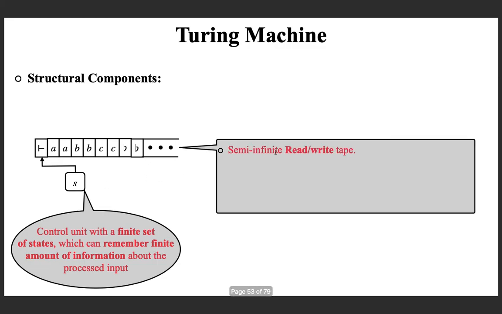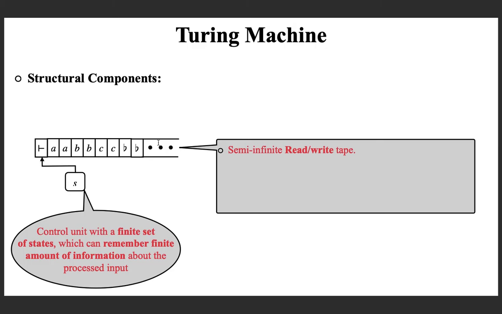And now you have a semi-infinite read write tape. Semi-infinite means it is infinite in the right direction. So the Turing machine is empowered to utilize infinitely many cells on the tape during its computation.